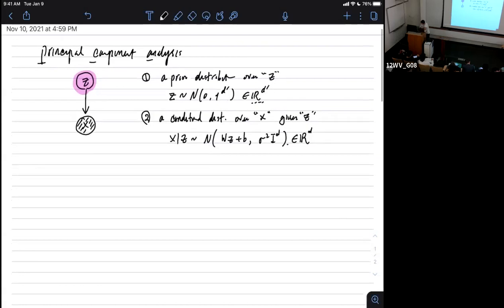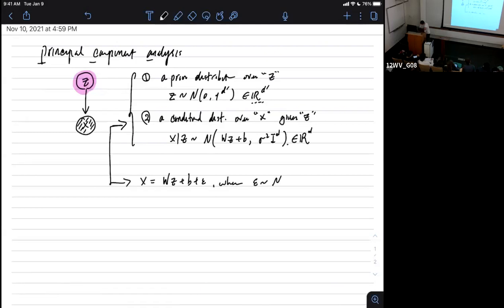And this is another way to write the same thing, a bit more traditionally: we say that X is W times Z plus B plus epsilon, where epsilon is a sample drawn from the zero mean normal distribution with the diagonal covariance, where the diagonal entries are all just sigma squared.